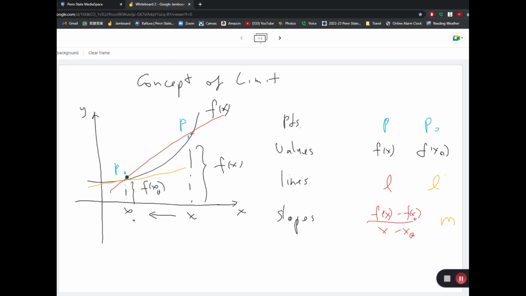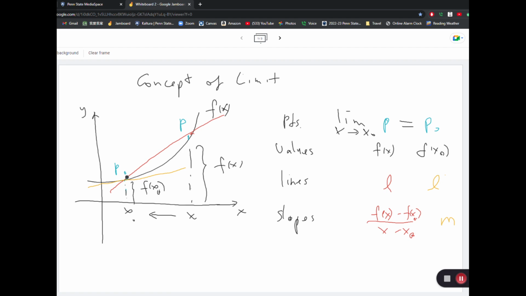We denote this result using the limit notation. So we say the limit of p as x goes to x0 is p0.